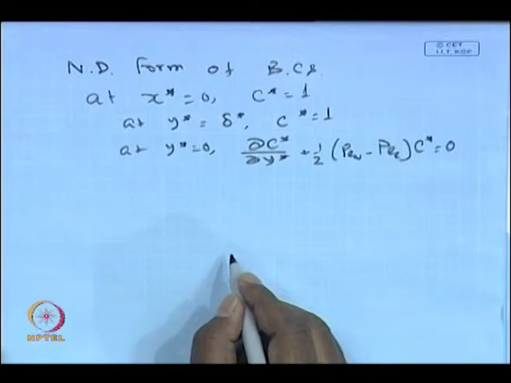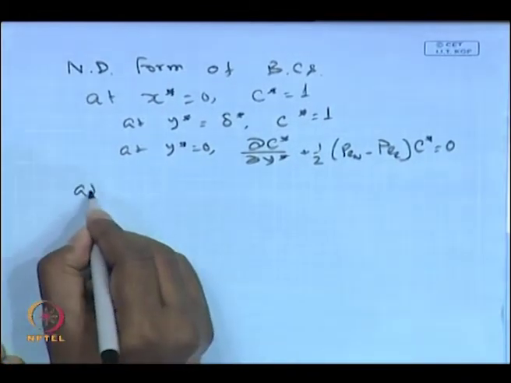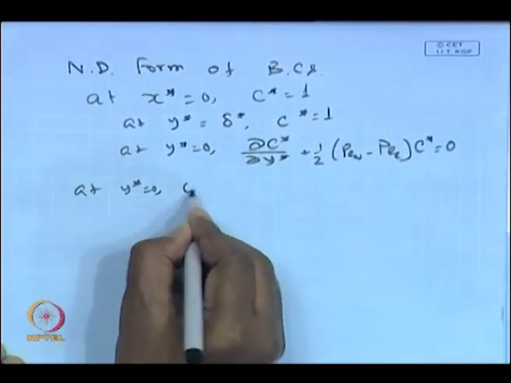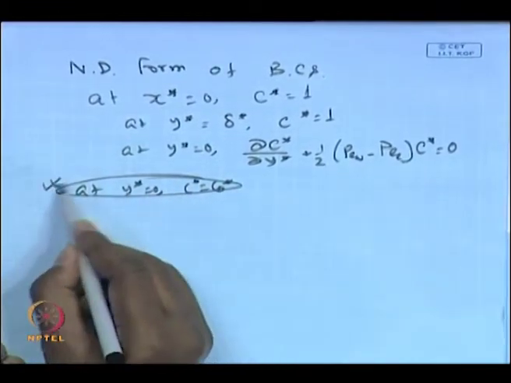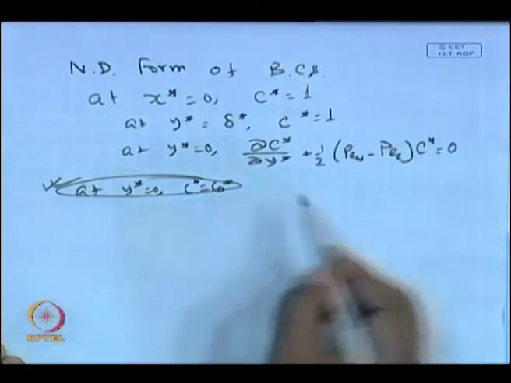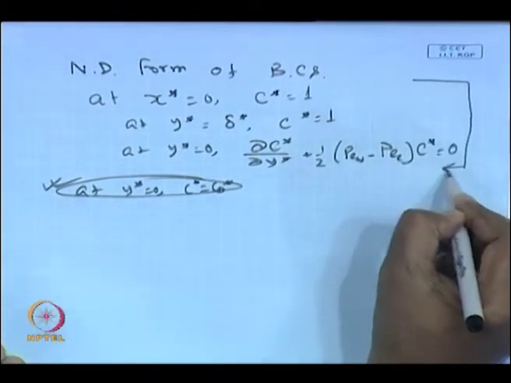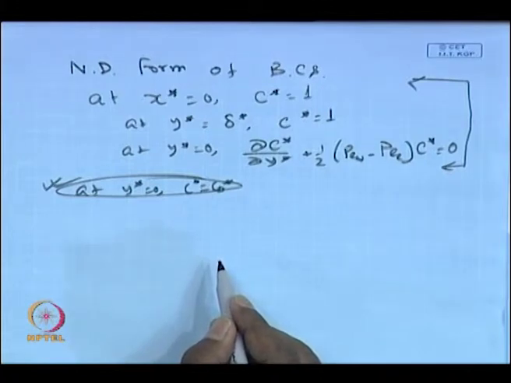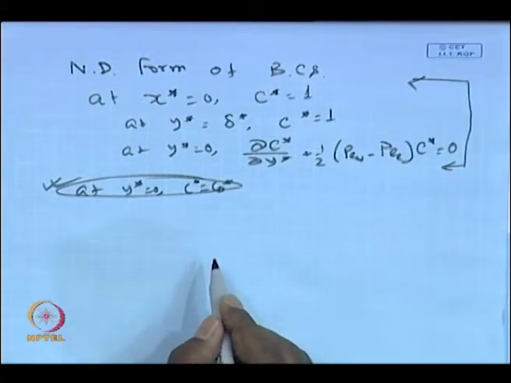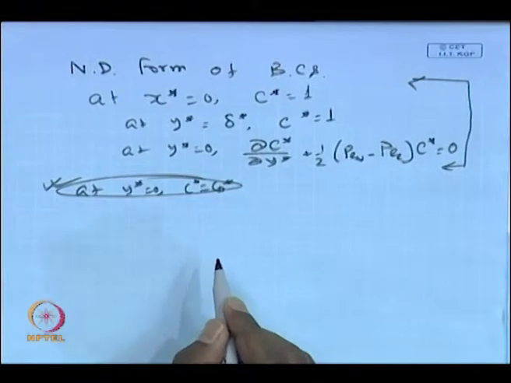And since it is a gel layer controlling filtration, at y star equal to 0, C star is nothing but Cg star. But anyway, that is a physical boundary condition that we will be utilizing later on. These are the three boundary conditions to solve the governing partial differential equation of concentration within the mass transfer boundary layer.